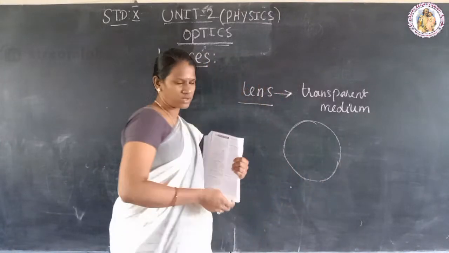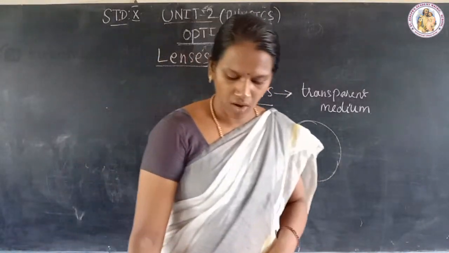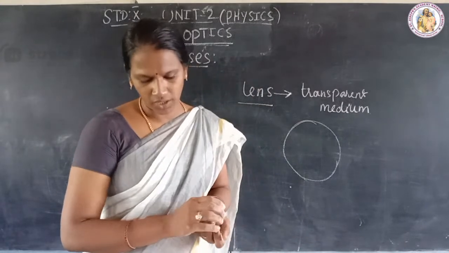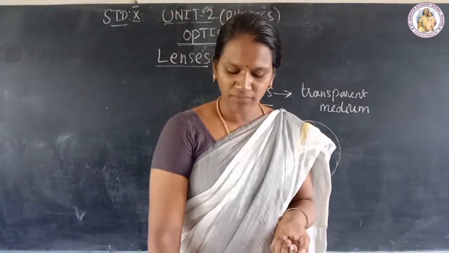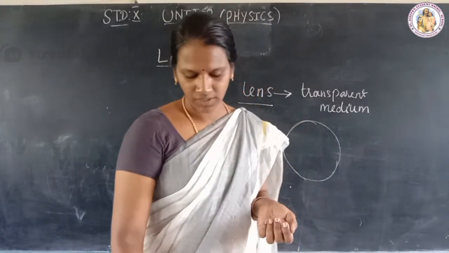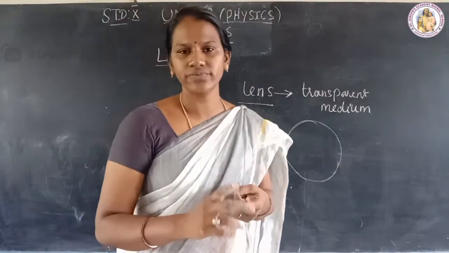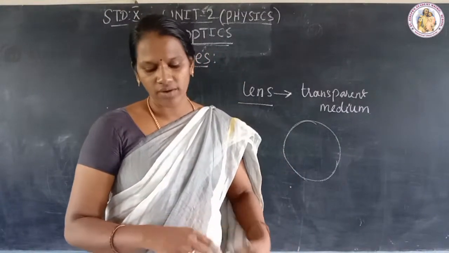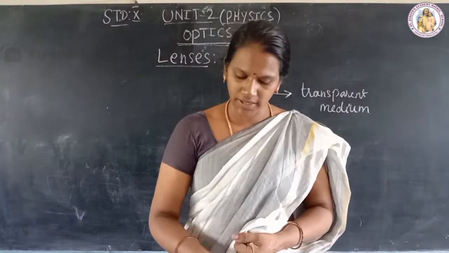Before that, we will discuss the convex and concave lenses. A lens is basically classified into two types: one is the convex lens and the other is the concave lens.